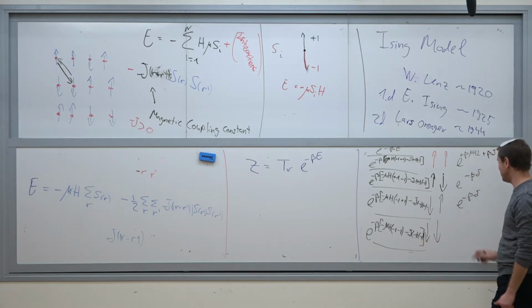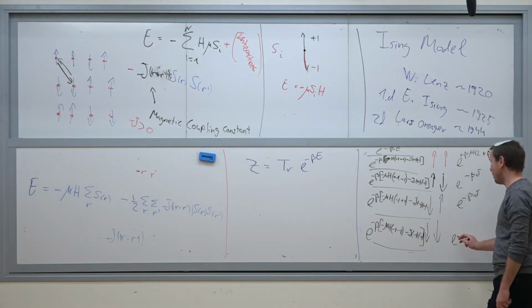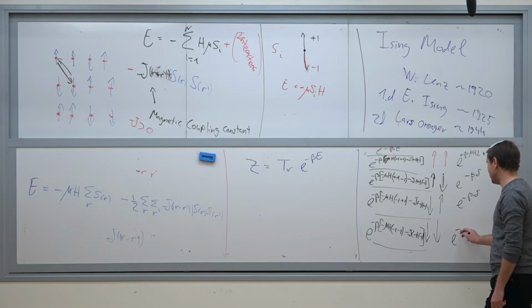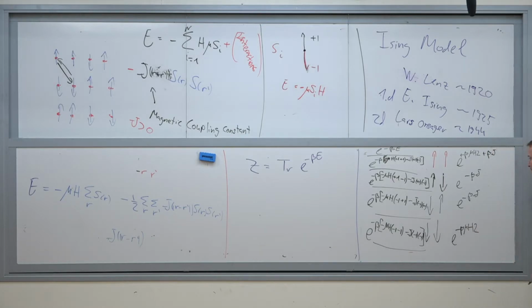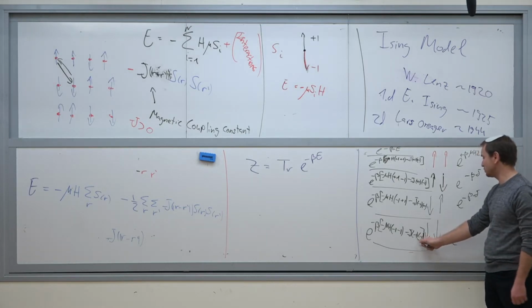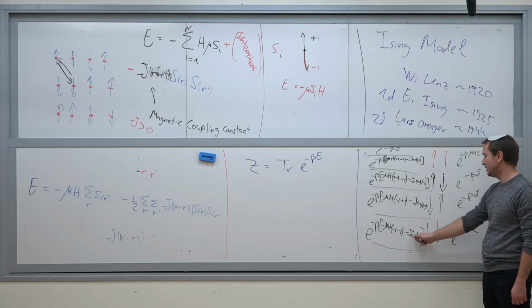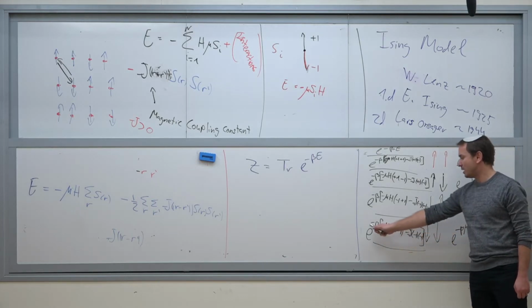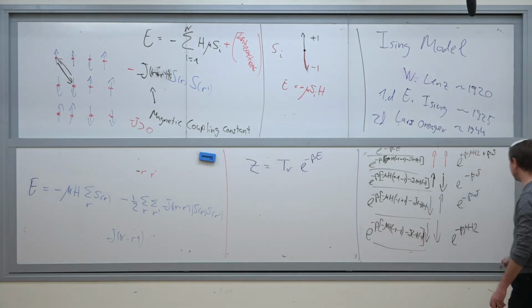The last term is e to the power of minus beta mu h multiplied by 2. And here I have minus 1 times minus 1 is plus 1, minus j multiplied by minus beta is plus beta j.